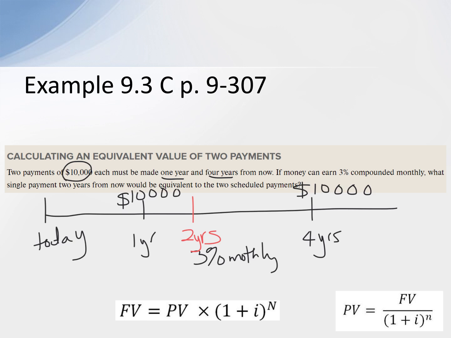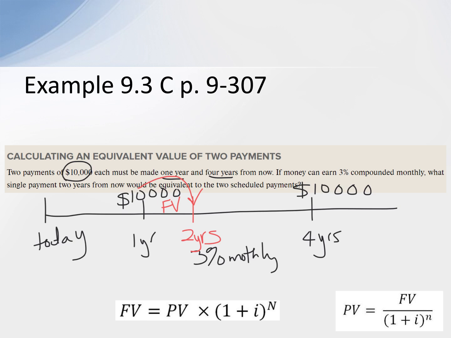So we can see when 2 years is put on the timeline in the correct place that it is later than the 1 year. So we're going to be finding the future value of that $10,000 that was due in 1 year.